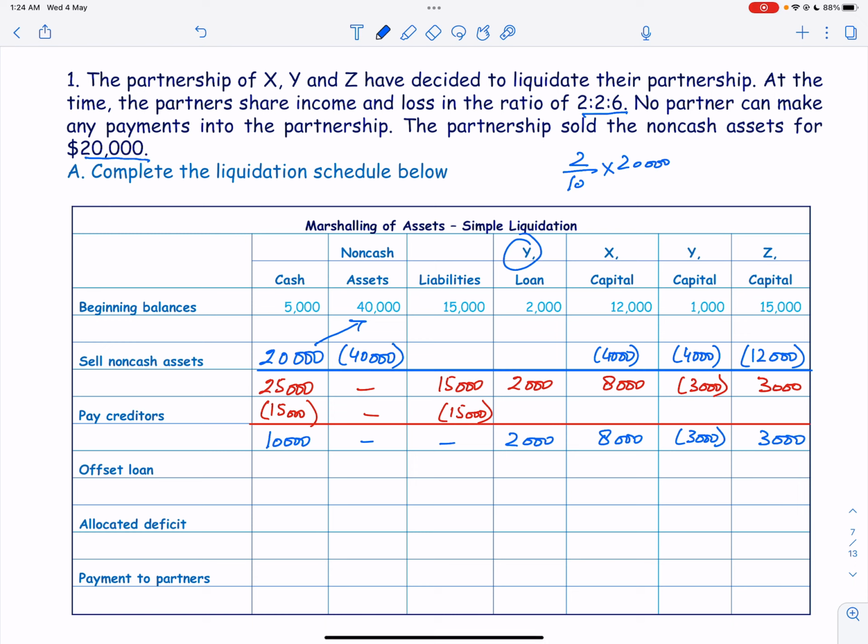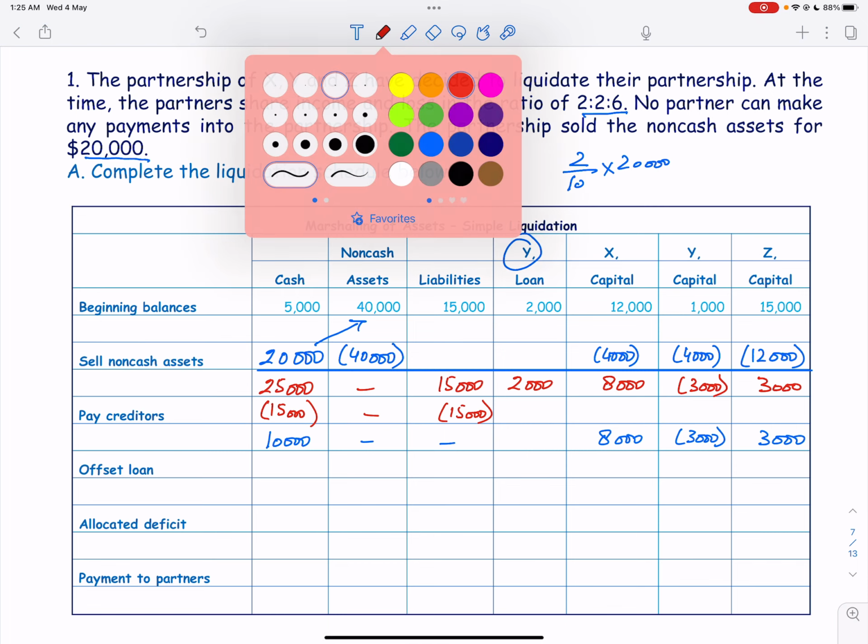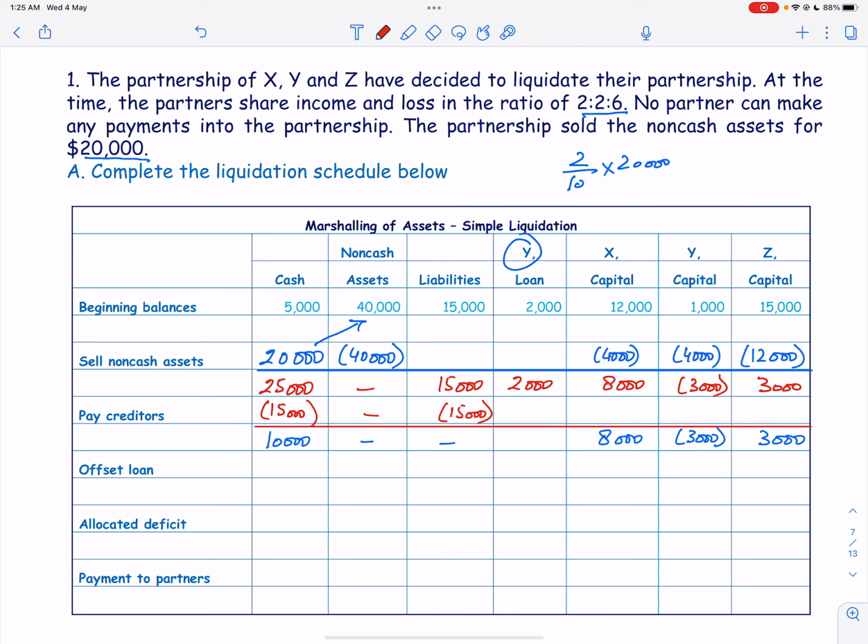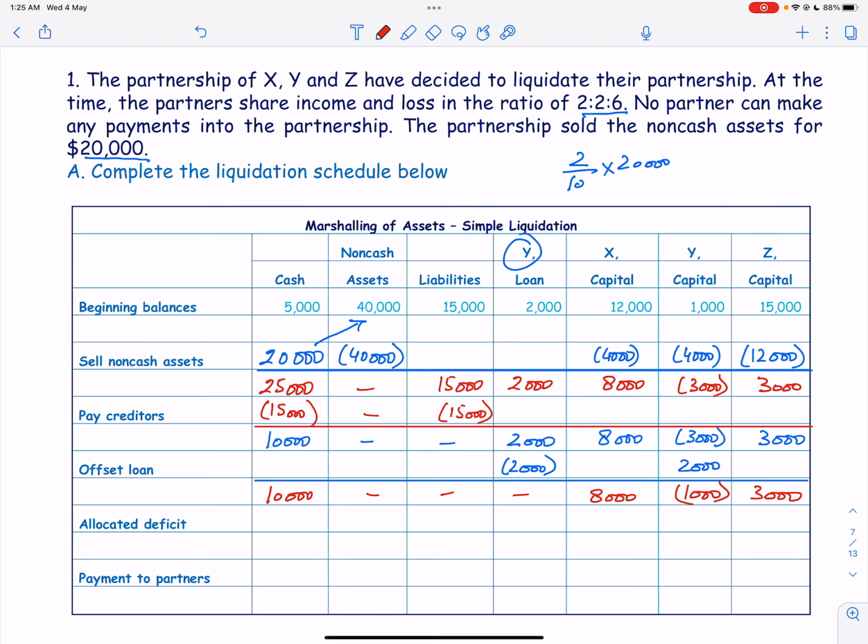Next, we are going to offset the loan given by Y. And the totals are 10,000, and now we are going to allocate the deficit of Y among the remaining partners in their residual profit sharing ratio.